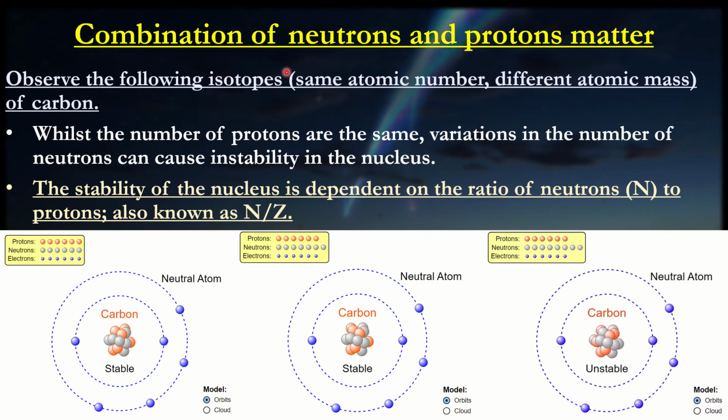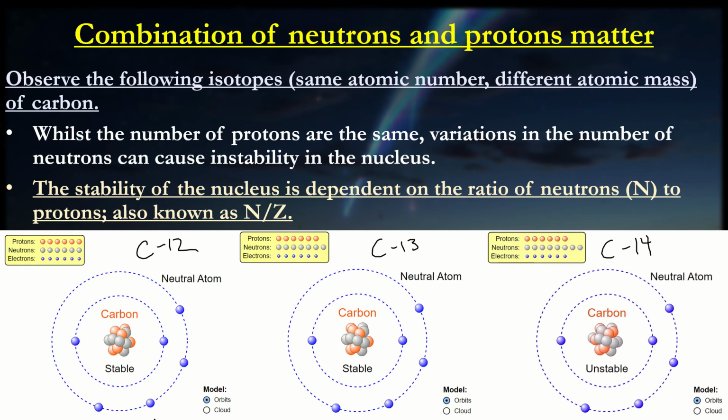If we actually compare the combinations, let's have a look at the different combinations of carbon. So here we have carbon-12, the most common type of isotope. We have carbon-13, and then we have carbon-14.